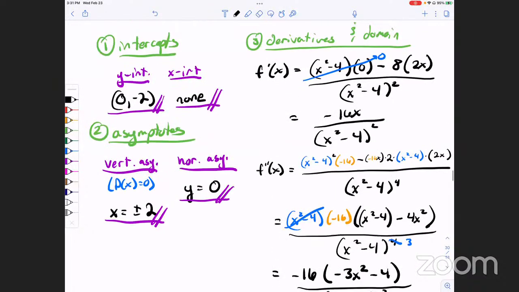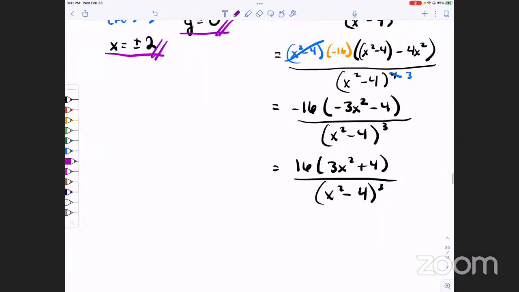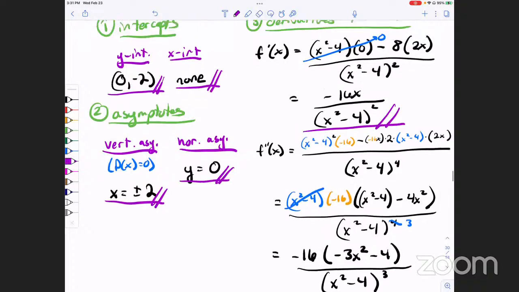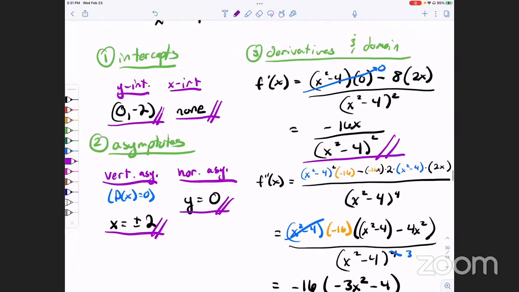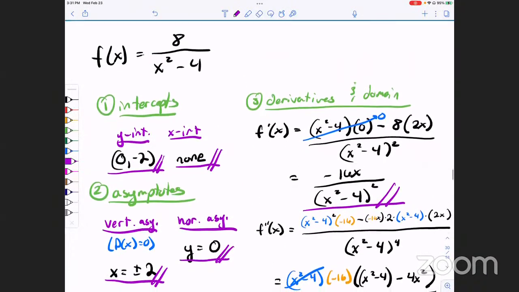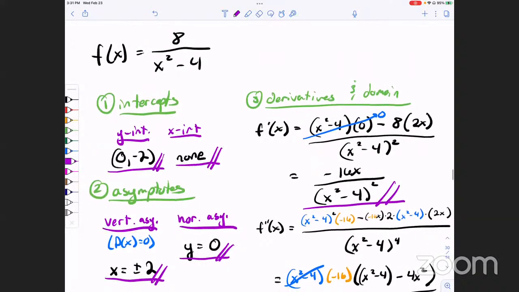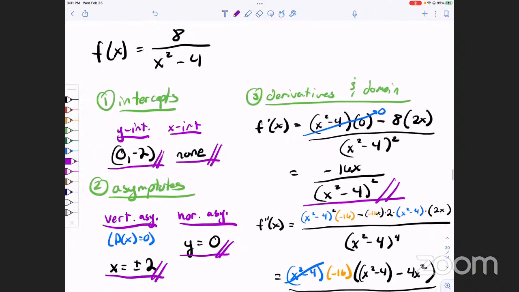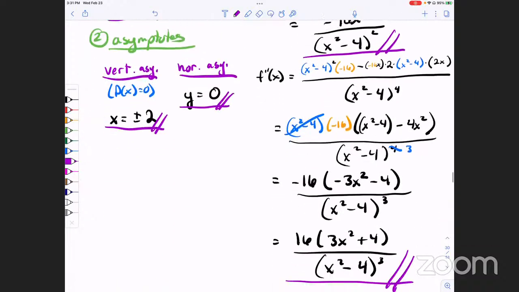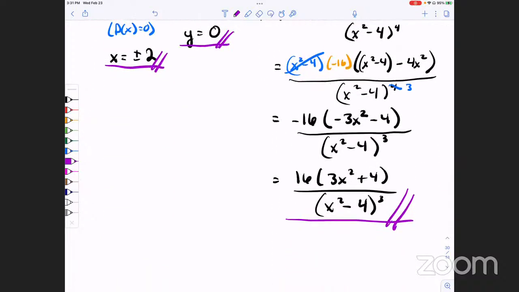So let me highlight the first derivative, and we'll just reference it as needed. Our second derivative, we got this. Hopefully we kept our mistakes to a minimum. The domain of the original is all x not equal to plus or minus 2.